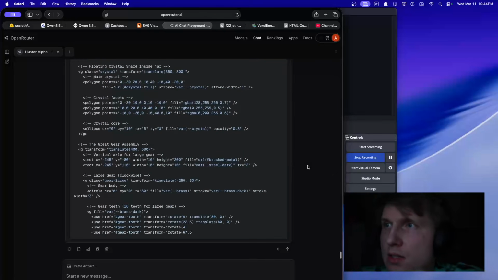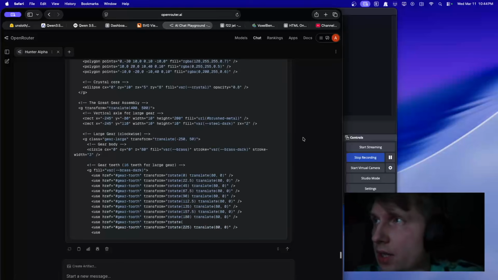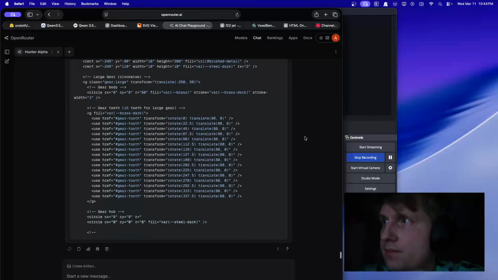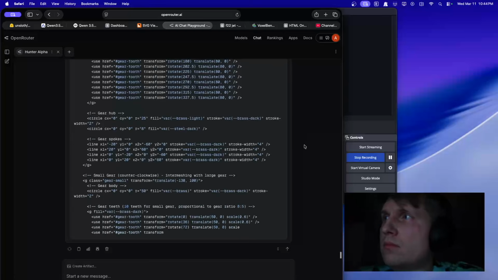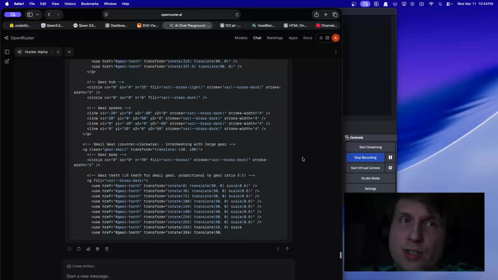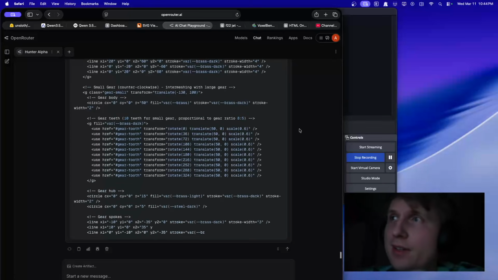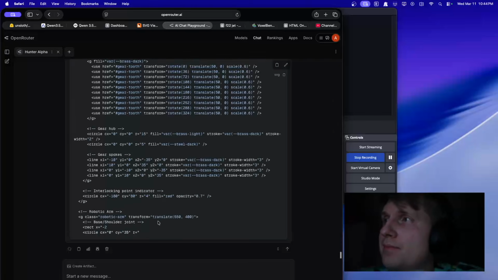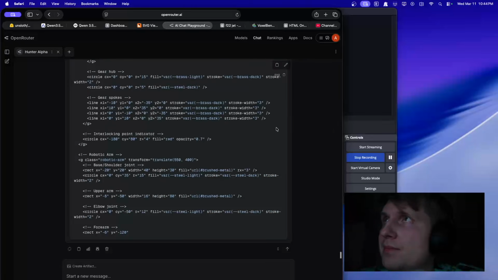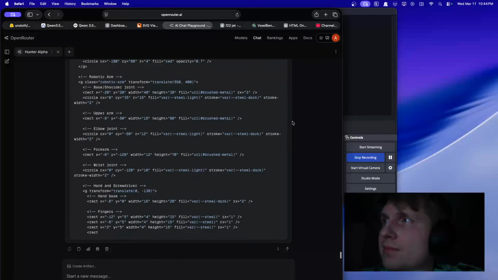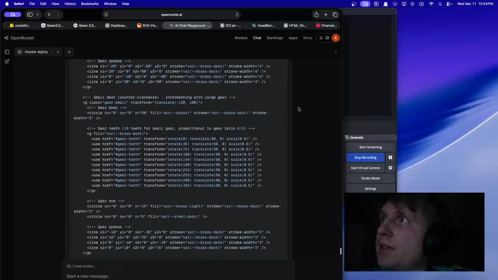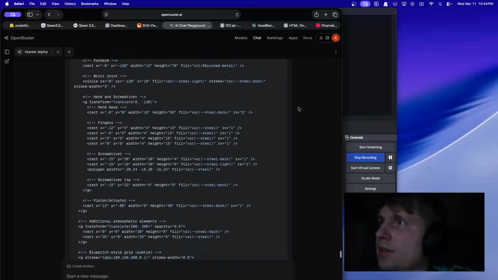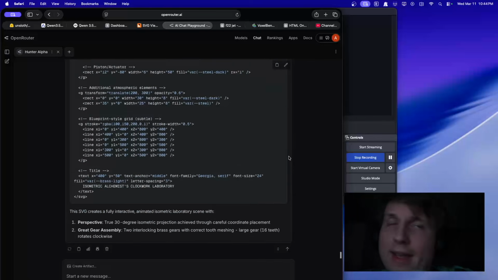That is correct. So it's sticking to our instructions here. I'm just looking at the output at this point. That's a lot of code. Okay, it's done.